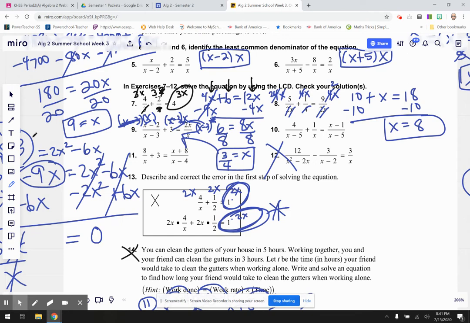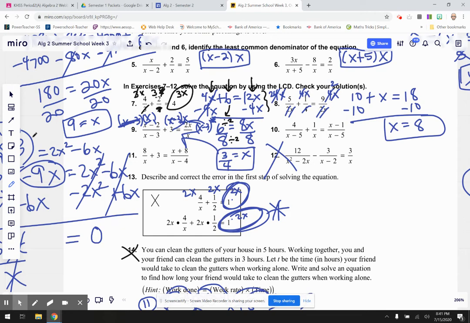I want to keep my x positive, so I'm going to subtract 4x on both sides and get 8x, because 12x minus 4x is 8x. And then bring down the 6. Dividing by 8 gives me 6/8, but if you reduce that fraction by 2, your answer will be 3/4. So your x is 3/4 for number 7.